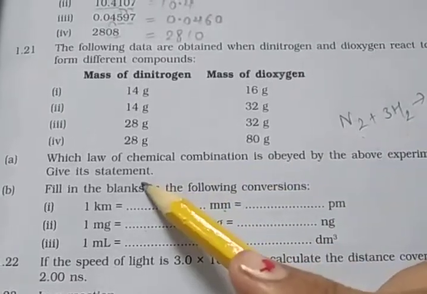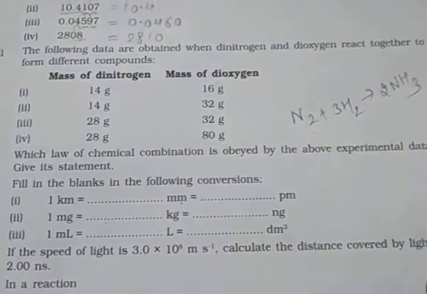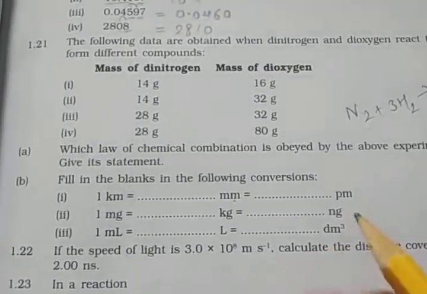So the question is which law of chemical combination is obeyed by the above experimental data, and give its statement.